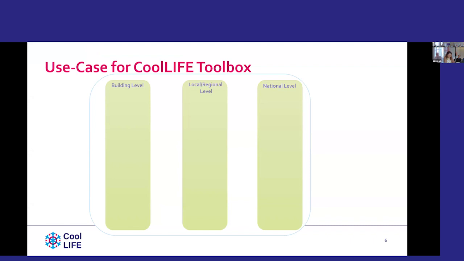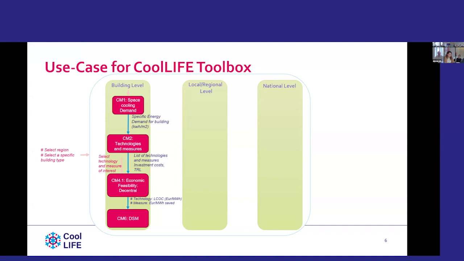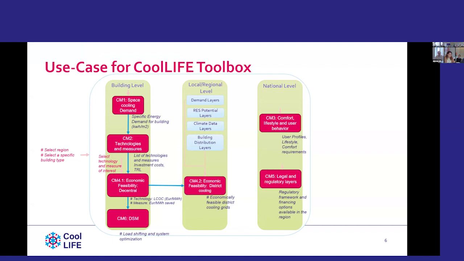So for a use case of the COOLIFE toolbox, I can say that we can put those calculation modules in three pillars: building level, local and regional level, and national level. With that, one can start with identifying the space cooling demand on a building level, then say which technologies and measures are relevant for this building archetype and building, and of course it needs several input parameters for each of these steps.